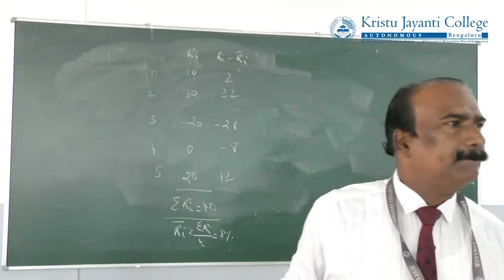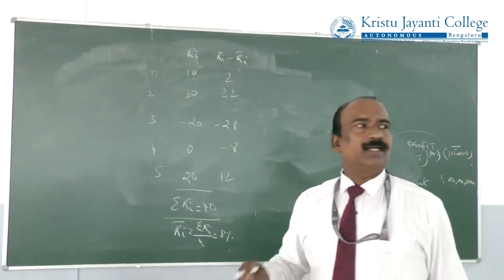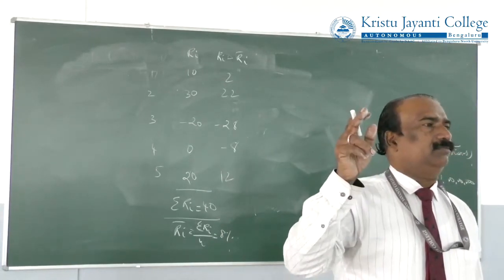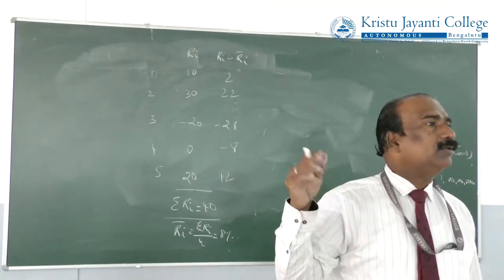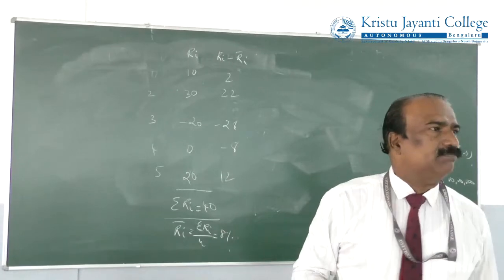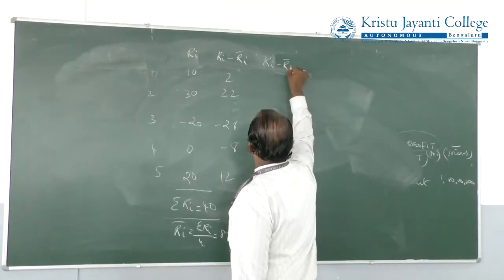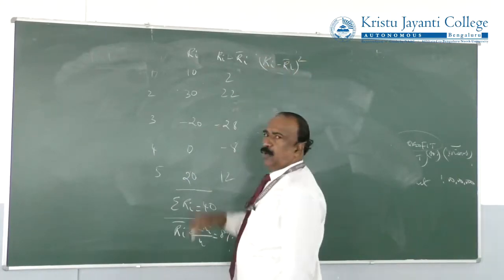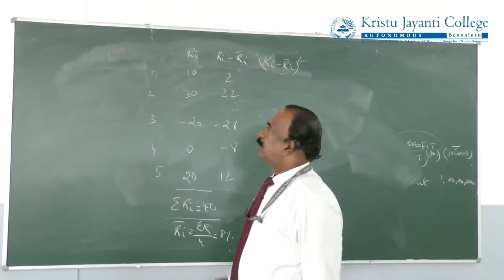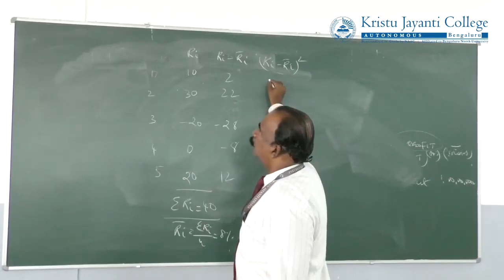Is that clear? Now we need to take the square. Why do we take the square? To remove the minus symbol. Ri minus R bar i whole square. How much? 4.